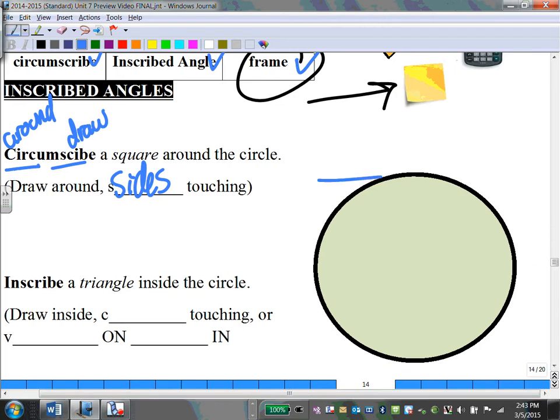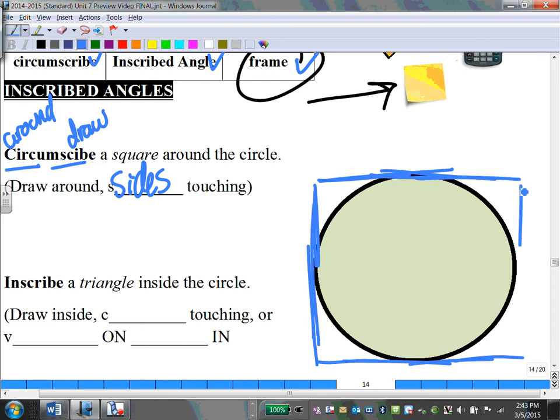So if we're going to do a square, the sides touch. I'm going to sketch it out. So you see the sides are touching, or technically tangent. So that square is circumscribed around the circle.